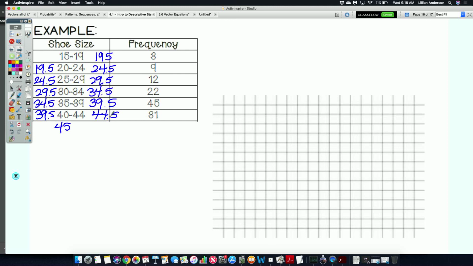Very good. Look at the beginning. If there was a shoe size class before 15, the last one would have been 14, which means the lower limit of the first class should be 14.5. So it applies to the beginning and the end as well. Okay?